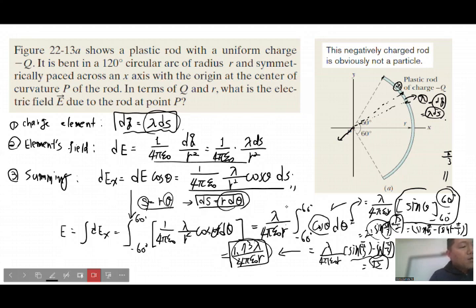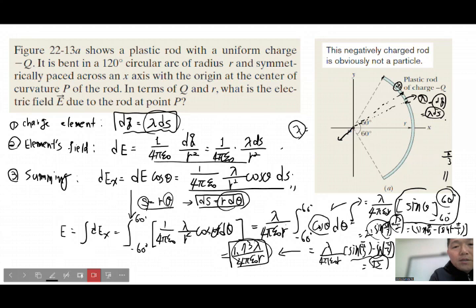Now you want to change lambda to the total charge, because lambda was just an intermediate variable used to derive this formula. Lambda can be expressed with the total charge q.